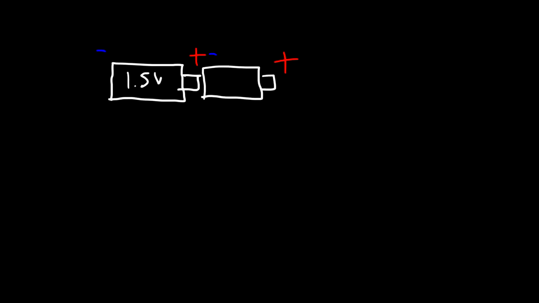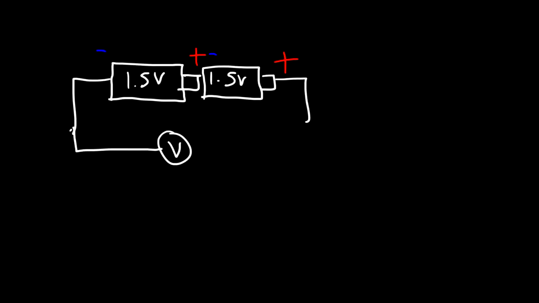And each battery, let's say it's 1.5 volts. So when you connect it in series like this, and let's say you connect it to a voltmeter, the voltmeter is going to read 3 volts. And so you can increase the voltage of multiple batteries if you connect them like this.